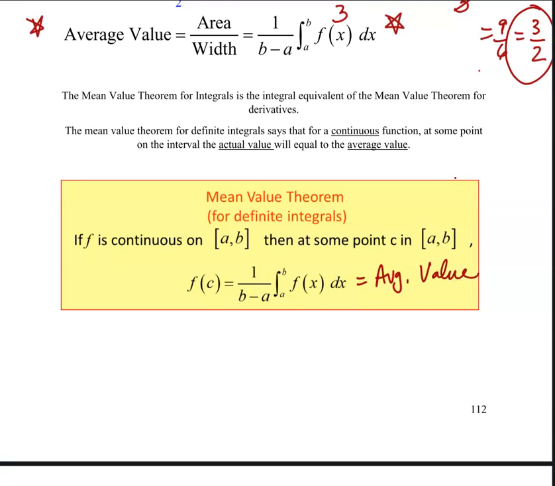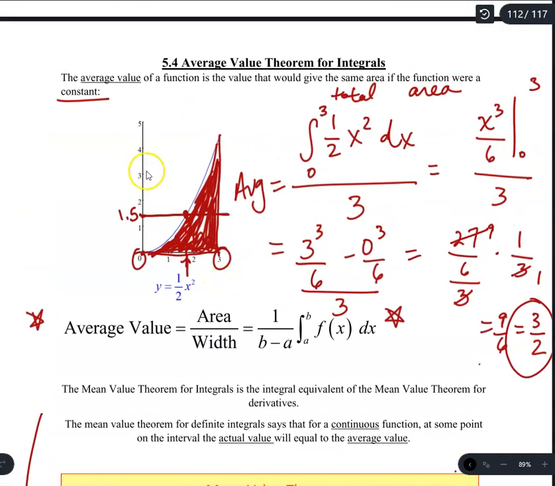How would we work this out? So in that last example, notice that our average value that we calculated was the 3/2, or the 1.5. So we would set that equal to the function itself. Now the original function back here, remember, was 1/2 x squared.